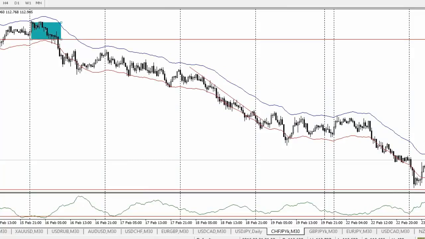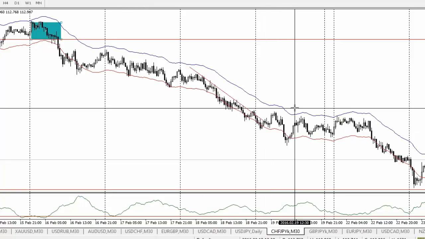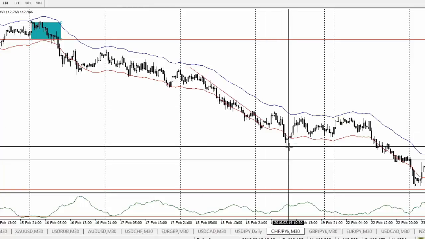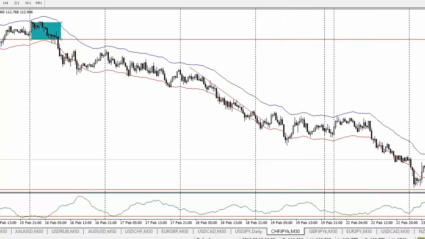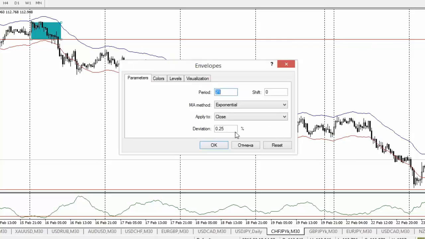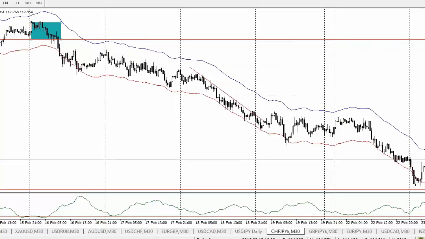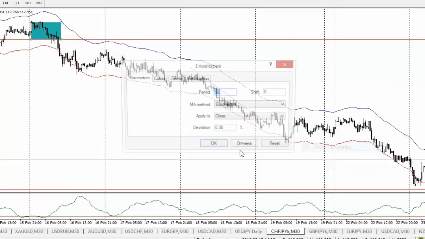For example, how to optimize this parameter. If I want to use envelopes within a day of February 19th, I see that here I have a low. So I have to increase the parameter of deviation, for example, to 35 to make the lower band correspond to this low.